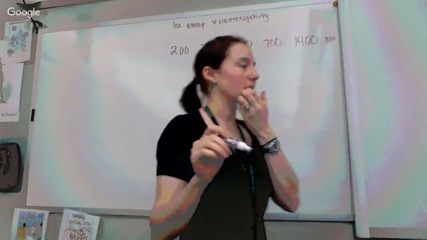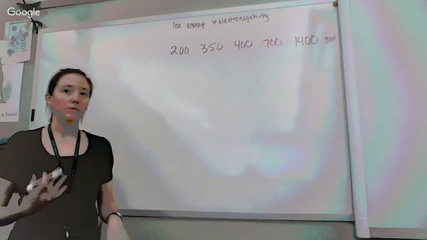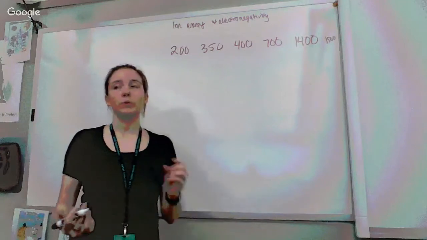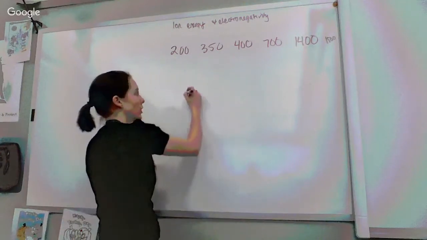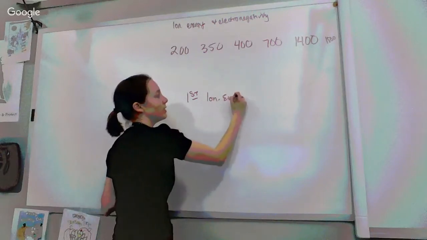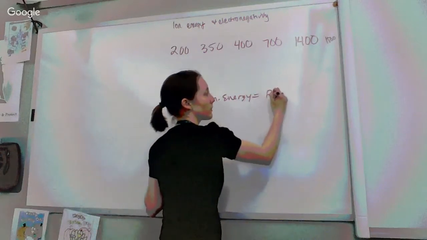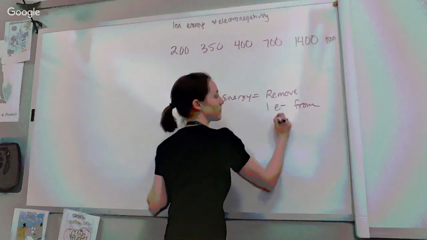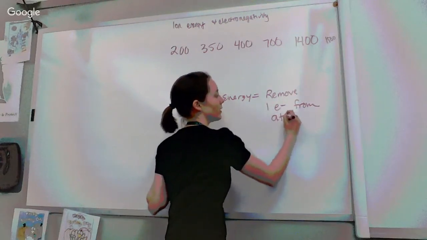So what Amira was asking about a minute ago had to do with the concept of ionization energy. Typically when we talk about ionization energy, we're referring to the first ionization energy, which simply means you removed one electron from your atom.